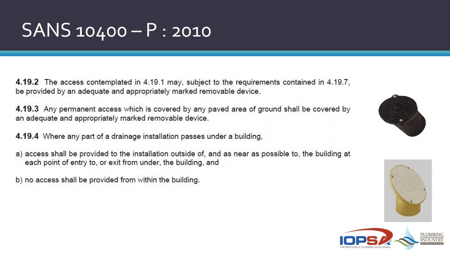Where a drainage installation passes under a building, access shall be provided to the installation outside of and as near as possible to the building at each point of entry to or exit from under the building. So if we do build over a drain, we provide access on both sides. And then, very important, no access shall be provided from within the building.